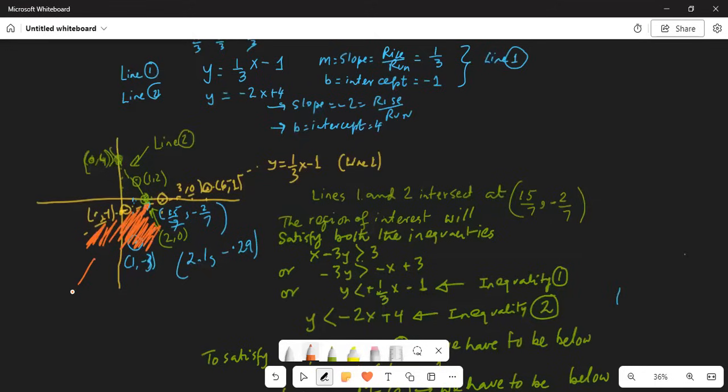This is the region which satisfies both inequalities.